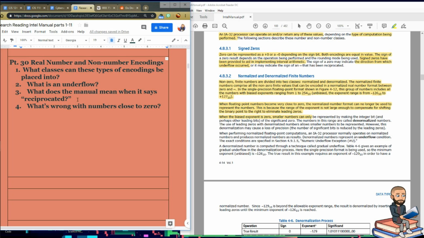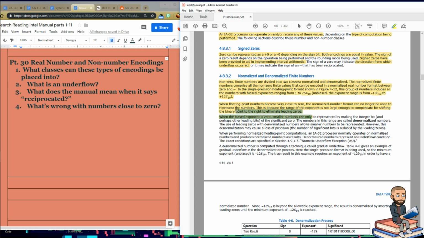So I'll simply ask what's wrong with numbers close to 0, and according to Intel, they're just saying that the smaller the number, the more to the right the mantissa's binary decimal point is, and it runs out of room.